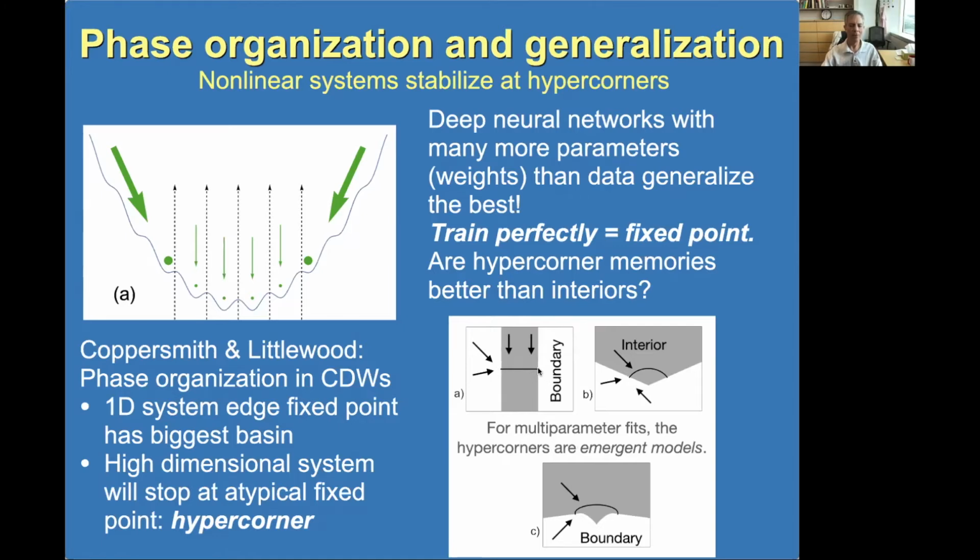Many of them will get stuck at boundaries, and if you have a high-dimensional manifold, you get stuck at a hypercorner.